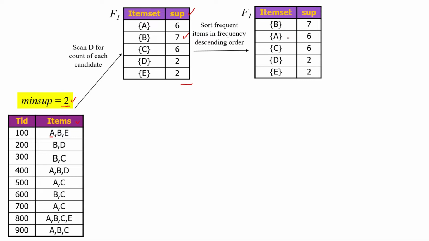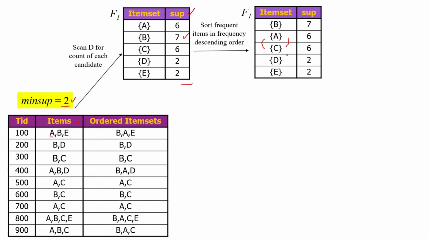So you may have a question like A and C have same support count. How can we place only A at the top and C at the bottom of A? So it's your choice. You can place C first and A after C, so it doesn't matter.